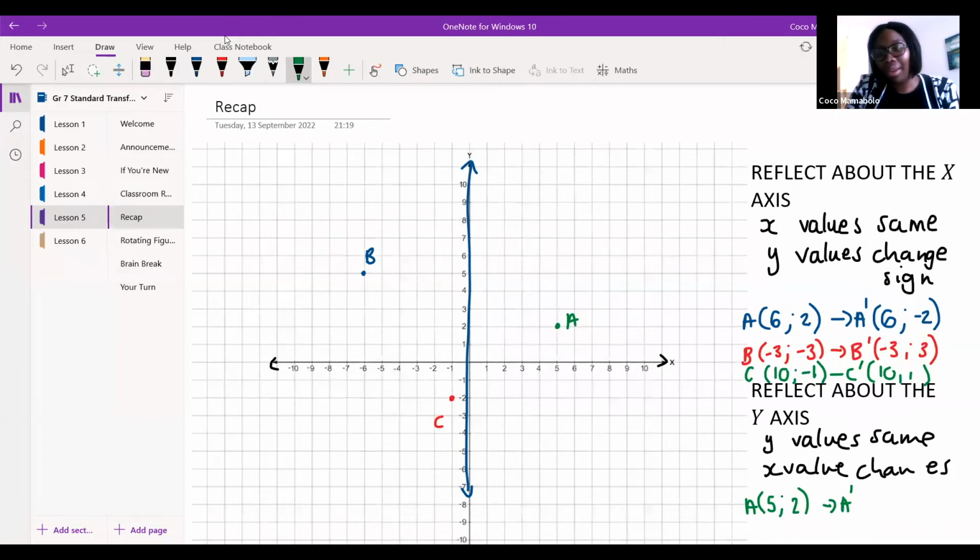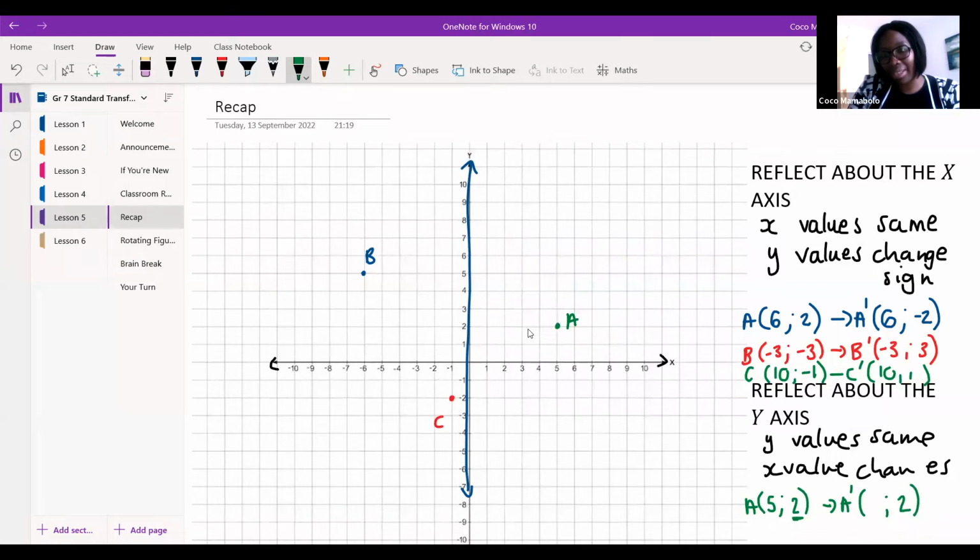It says that my Y value will stay the same. What is my Y value, Bushe? The Y value is 2. Good, it's 2. So my Y value is going to stay the same.